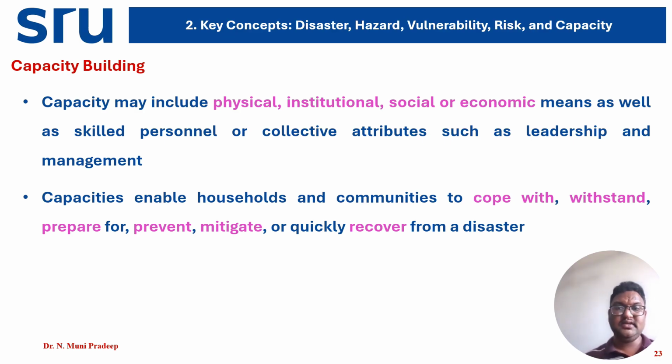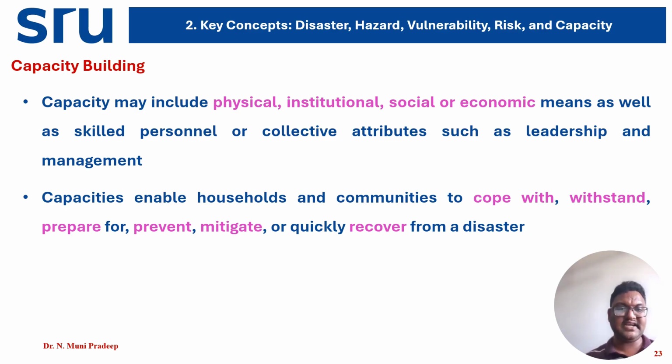So institutional means include trained NDRF battalions, an active district disaster management authority, which I'll explain in the coming classes, or a functioning early warning center. There may be early warning systems, but if they don't function, from where will people receive the warnings? All these come under institutional.